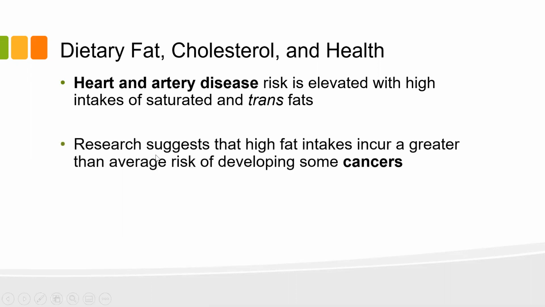So there's also research around certain cancers, and this research is super murky. What we do know around fat intake and cancers is that there is a correlation between obesity and certain types of cancers, but not necessarily fat consumption. There is a correlation between red meat consumption, and red meat can be high in fat, and certain types of cancers, but not a correlation with the fats.